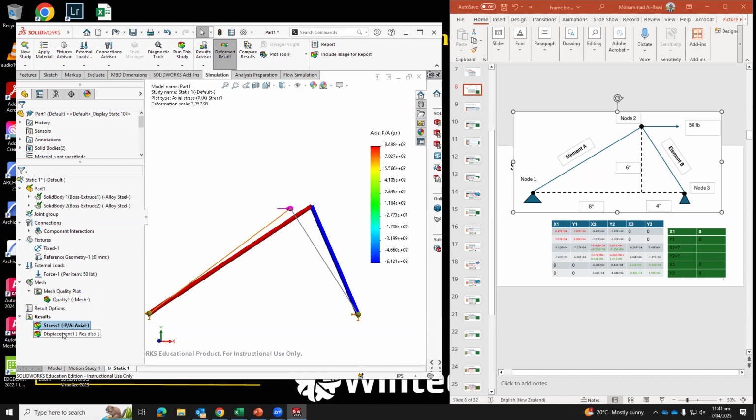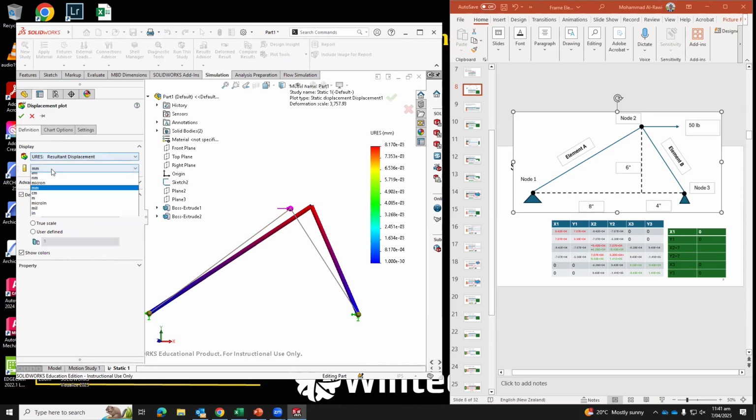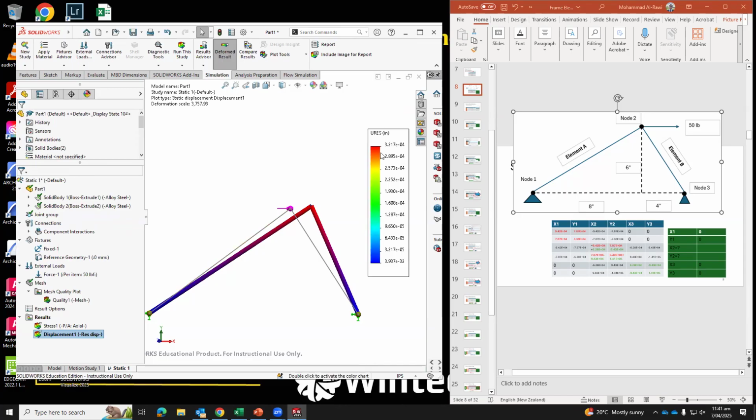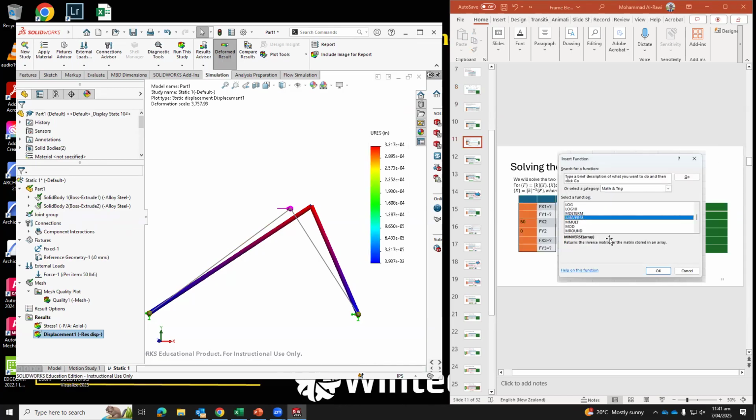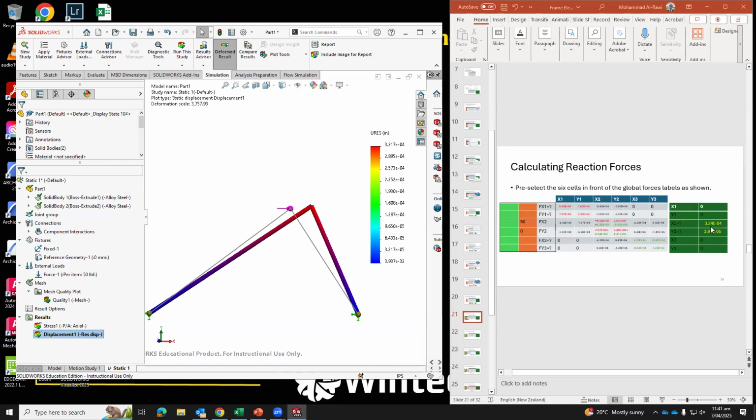Displacement. Right click on it. Edit definition because it's showing me the values in millimeters. I want to see it in inch automatically. You see the value is 3.217. That is the displacement, almost what we found: 3.24, 3.217.